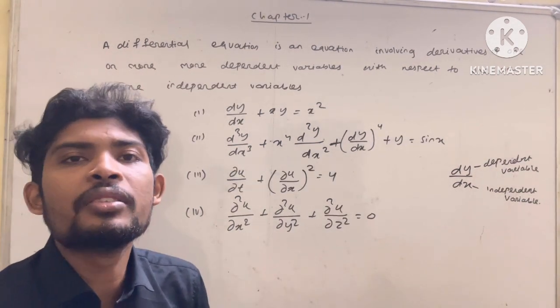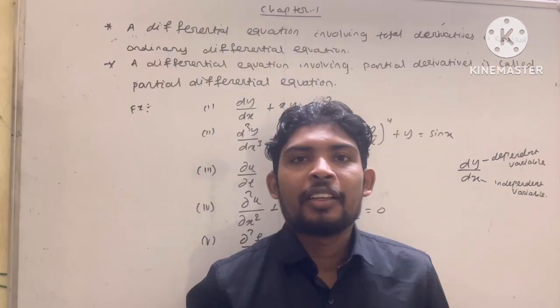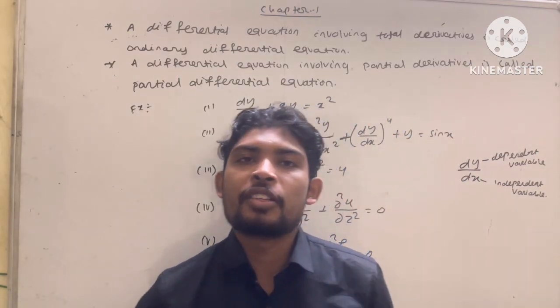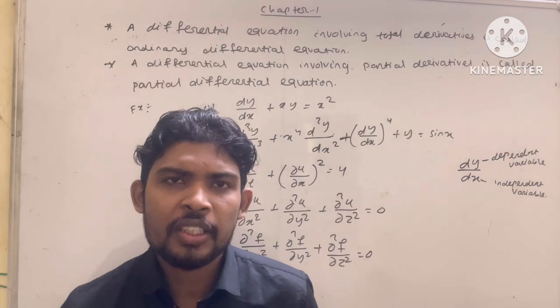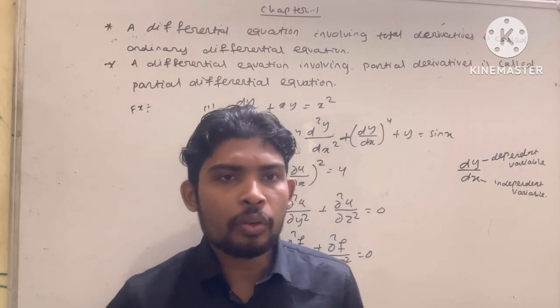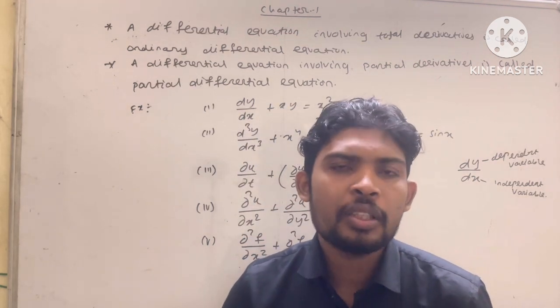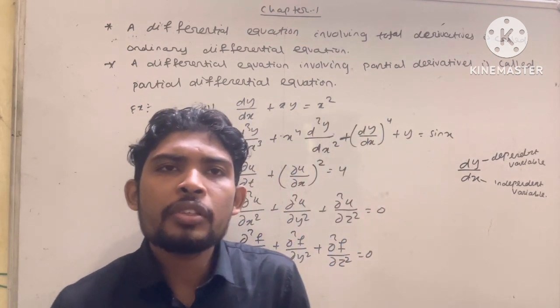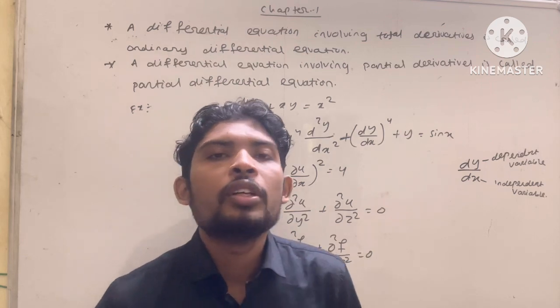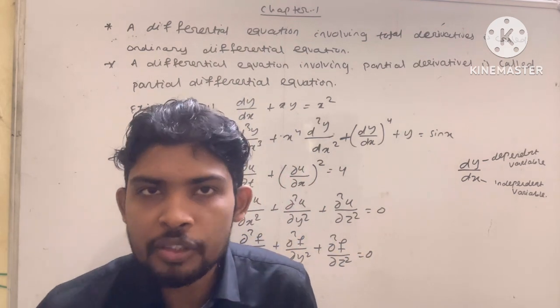Now let us discuss the classification of differential equations. As we know, derivatives are of two types. One is ordinary derivatives and another is partial derivatives. Similarly, differential equations are classified into ordinary differential equations and partial differential equations.